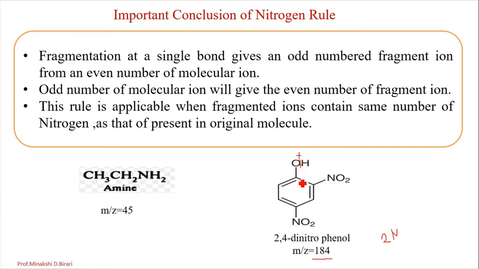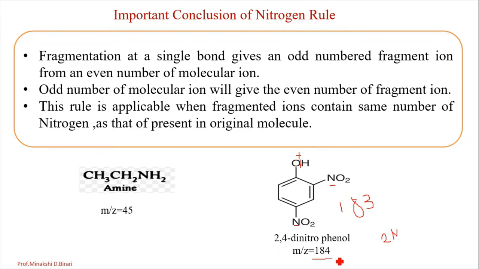If we calculate the mass of this fragment ion, it becomes 183. Now, the number of nitrogens present in the fragment ion and in the molecular ion are the same, two nitrogens. As we have studied, fragmentation at a single bond gives an odd-numbered fragment ion from an even-numbered molecular ion.